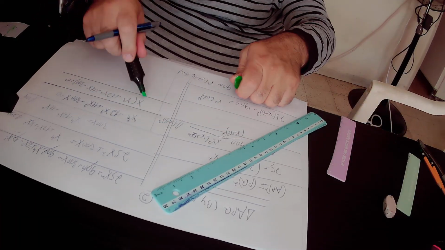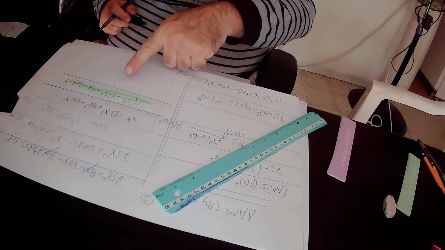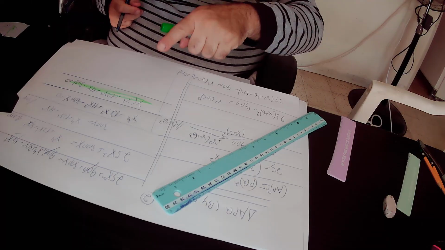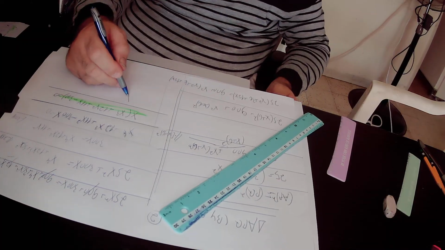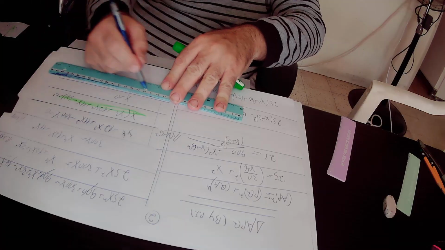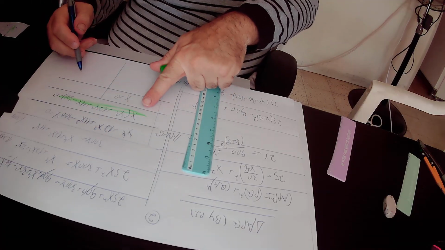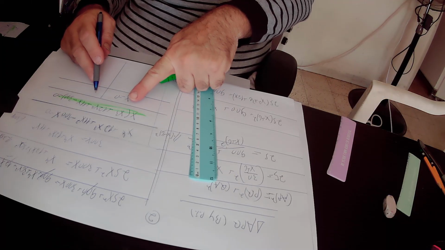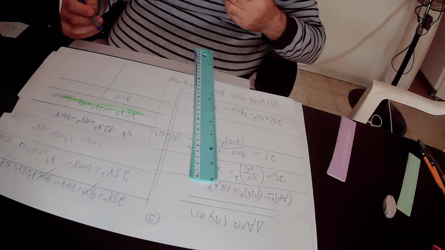So here we have two solutions for x to this equation. According to the first solution, x equals 0. So here, if x equals 0, 0 times anything is 0. So on this side of the equation we have 0 equals 0.